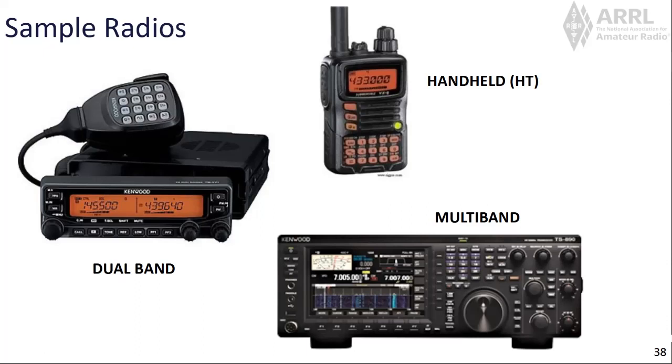You have to watch out and see where the microphone plugs in. Some of them plug into that faceplate, and some of them you have to have a long microphone extension cord too. There's the handheld, and then they've got a Kenwood, I can't read that number. That's a 590. That's their latest radio, I think, in the multi-band.